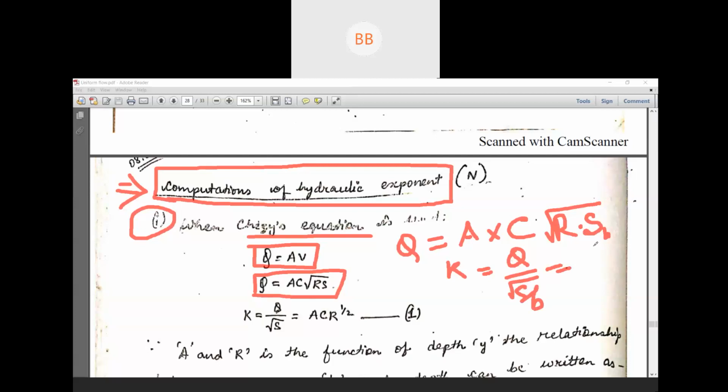So it will be left with area, C, and then multiplied by root over R, or you can write R to the power half. So K is nothing but your discharge divided by root over bed slope. So you put it as equation number 1.